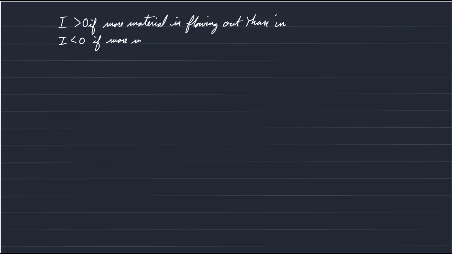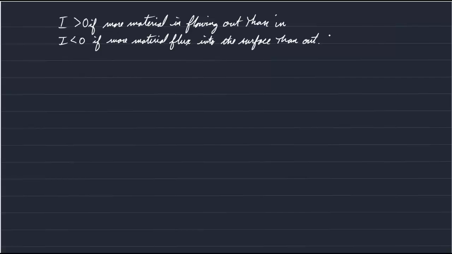So I is positive if more material is flowing out than in. That is, there's a net outward flux if I is greater than 0. If I is less than 0, then there's more material flux into the surface than out.